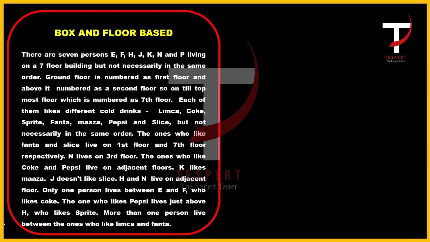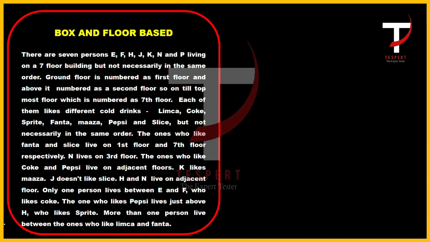So the next type is box and floor based arrangement. So just pause the video and try to solve this. Yeah. So there are 7 persons E, F, H, J, K, N and P living on a 7-floor building but not necessarily in the same order.